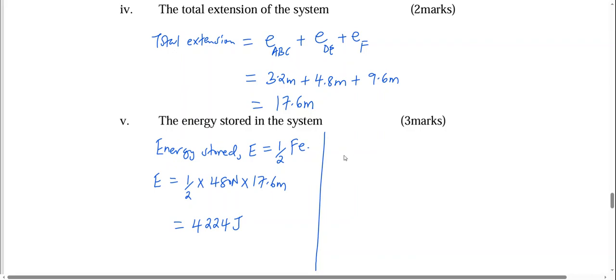Or alternatively, we can use the formula energy stored E is equals to a half Ke squared, where K is the total spring constant and e is the total extension. Therefore, we have to consider all the arrangements.